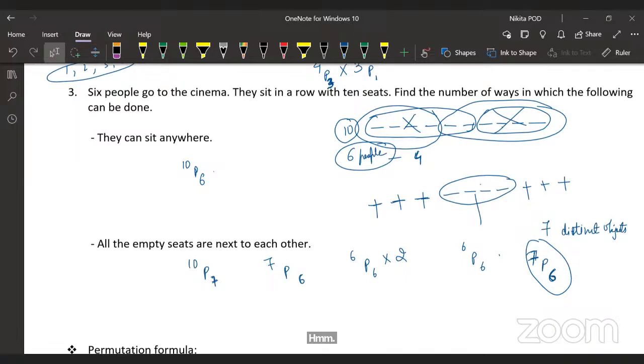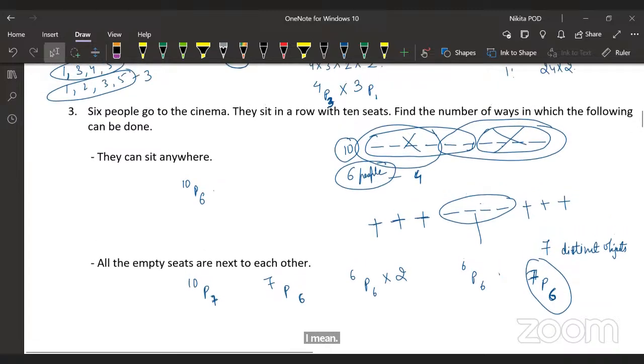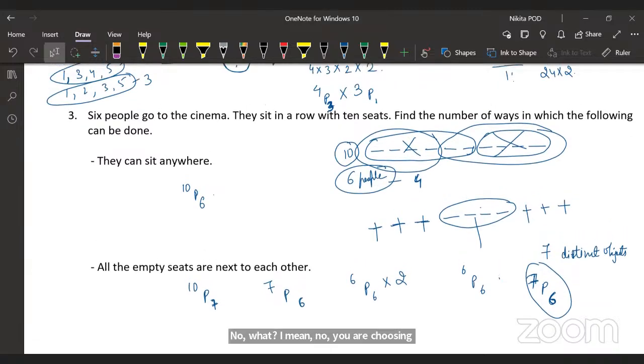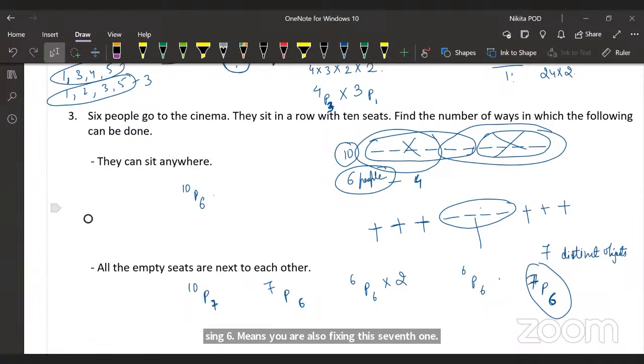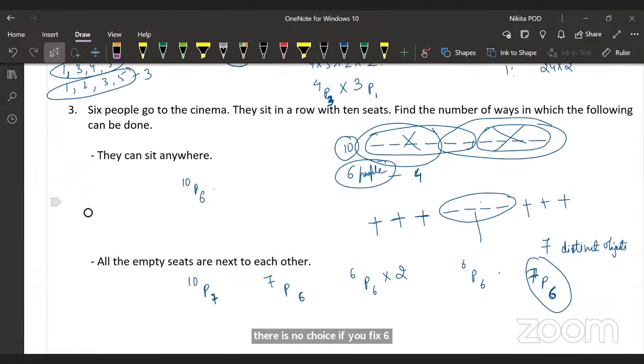But we are choosing 6 now. No, you are choosing 6, which means you are also fixing the 7th one. There is no choice. If you fix 6, the 7th one has to go there. There is nothing specific you are doing for it. Am I wrong? I'm just thinking.